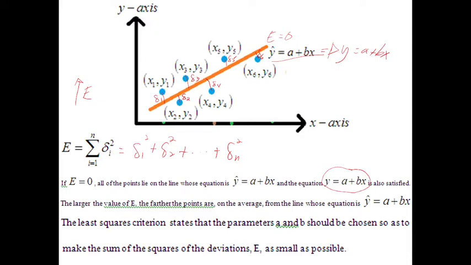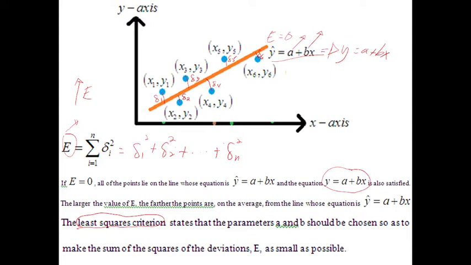So we have here the least squares criterion, stating that the parameter a and parameter b should be chosen so as to make the sum of the squares of the deviation as small as possible.